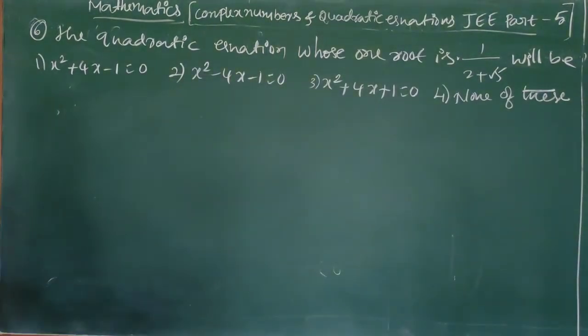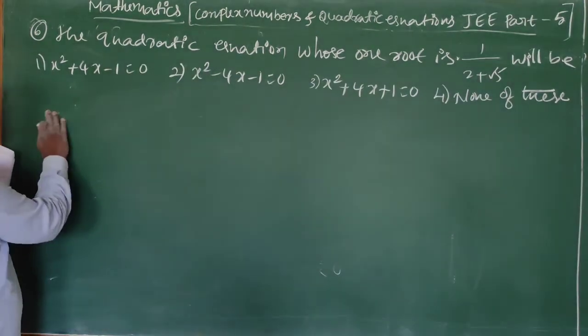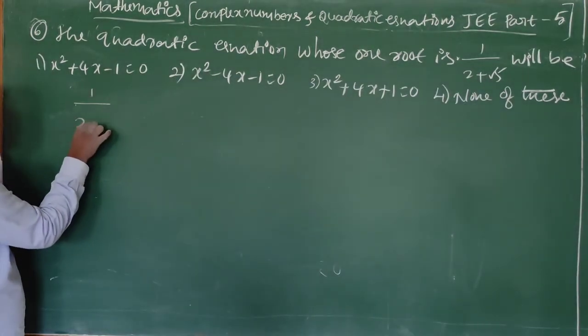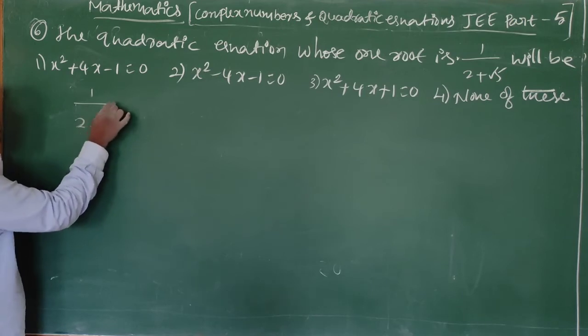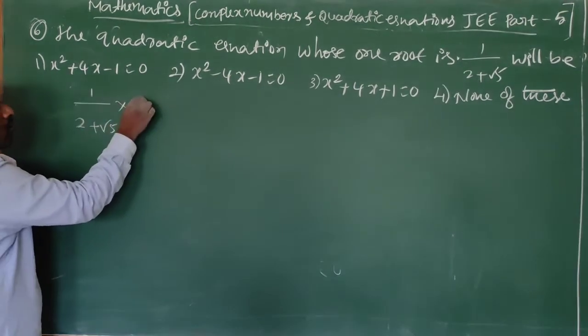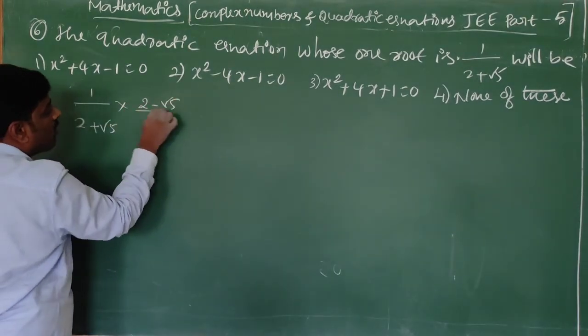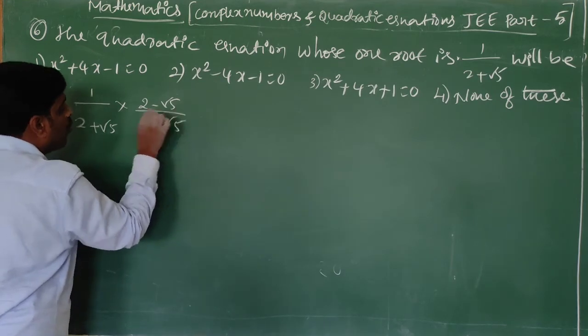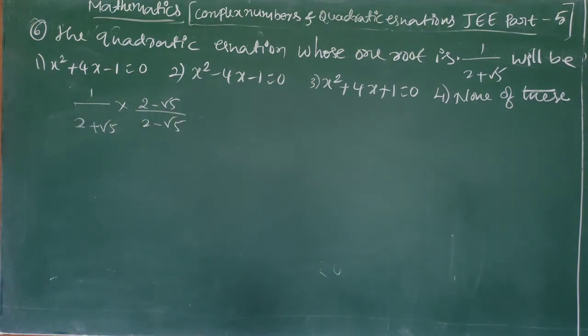Dear children, observe here, the quadratic equation whose one root is 1 divided by 2 plus root 5. Rationalize the denominator: 2 minus root 5 divided by 2 minus root 5.